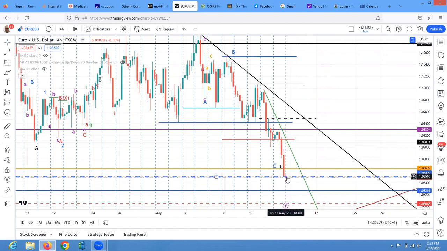We have not yet seen a fall of this wave 3 because we are still going to do a wave 4 of wave 3. We may eventually finish 5 of wave 3 here or much lower to now do a big 4 that will break out of here.